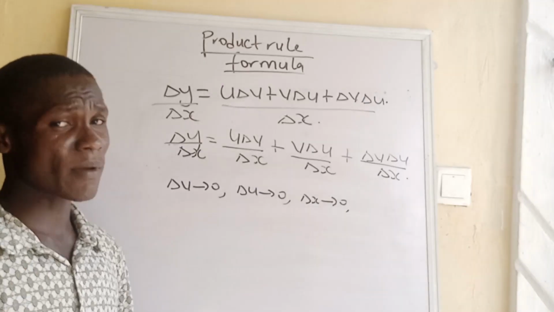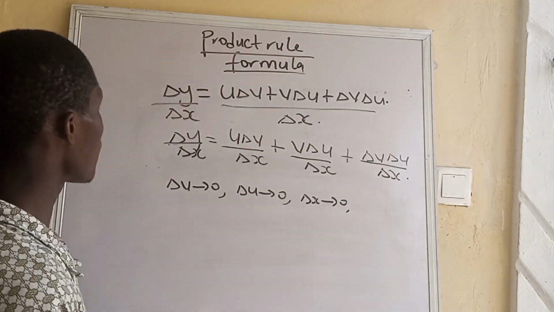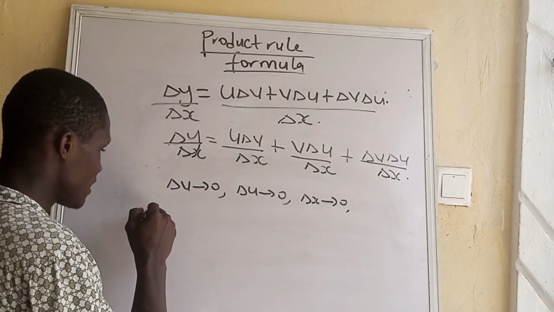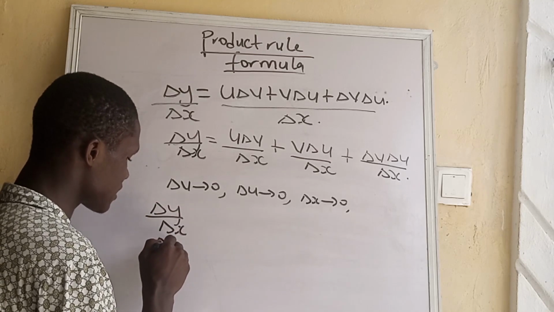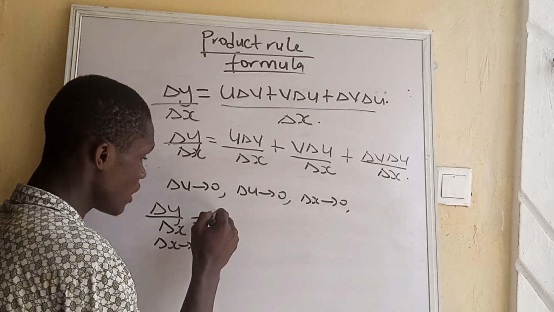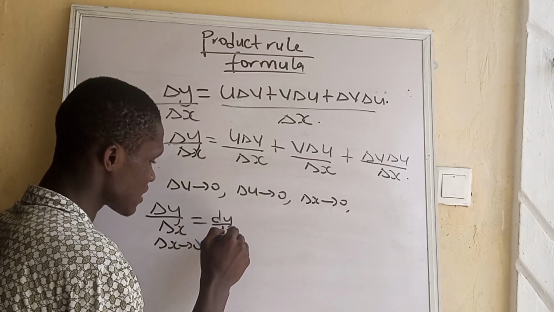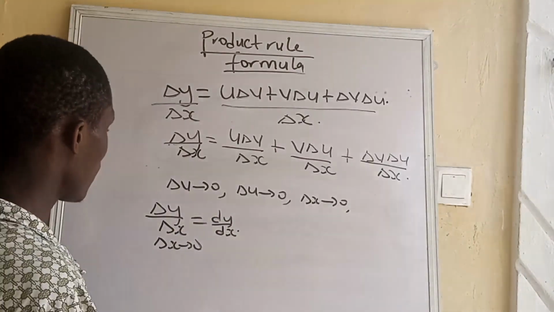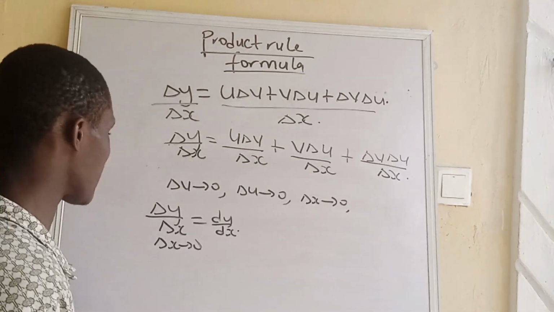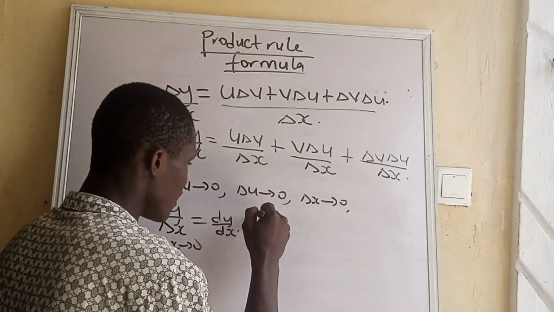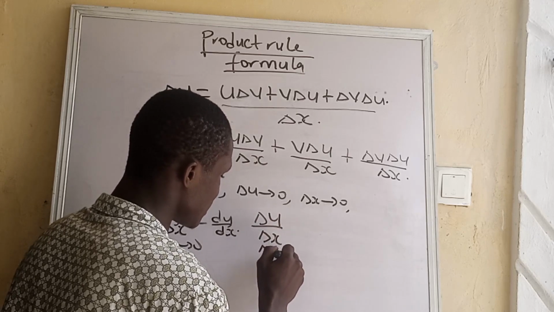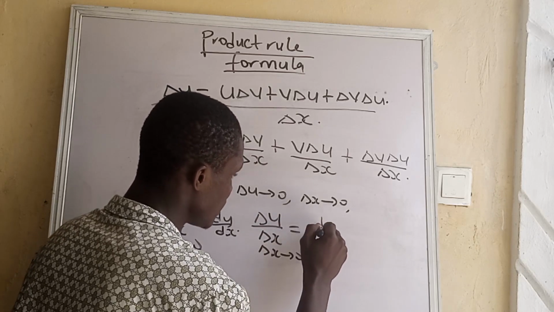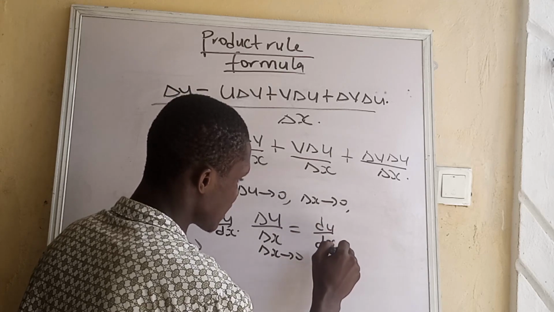So, from a basic principle from differentiation, which says delta y over delta x, limiting delta x to 0, is equal to dy over dx. Amazing. Okay, there's another principle that says again, if we are having delta u all over delta x, limiting delta x to 0, is also equal to du over dx.